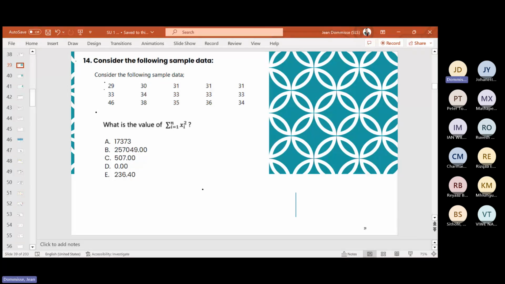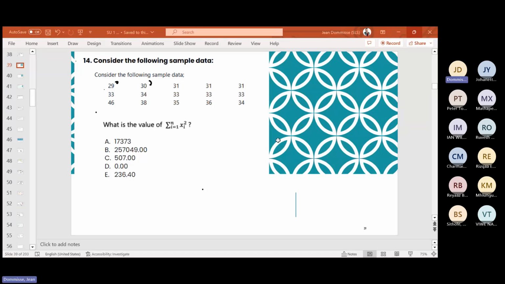So I need to say 29 to the power of 2 plus 30 to the power of 2 plus all of that. This is not something that I would want to work out with a calculator, because I can easily make a mistake, like typing 1 less 51, and then your whole answer is wrong.